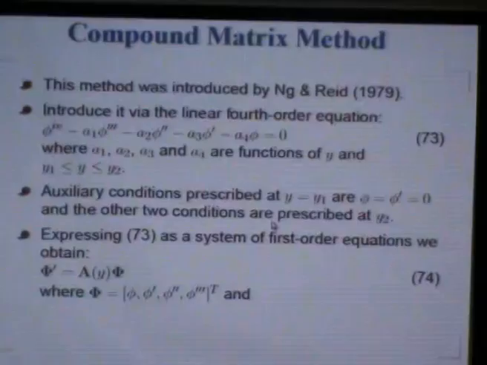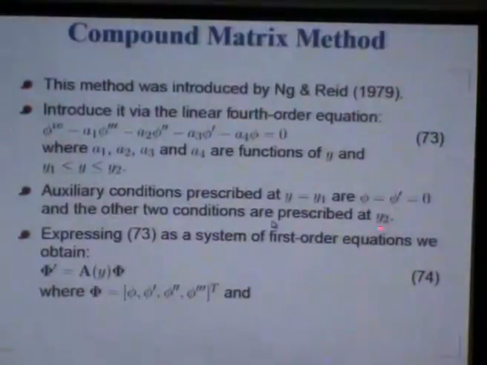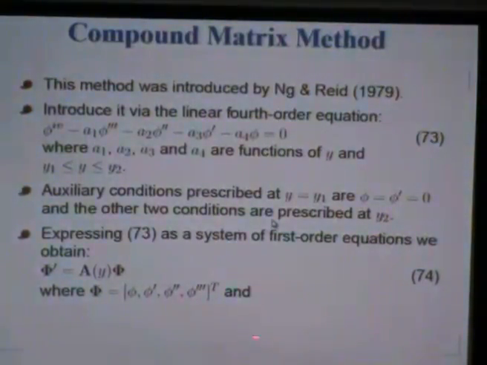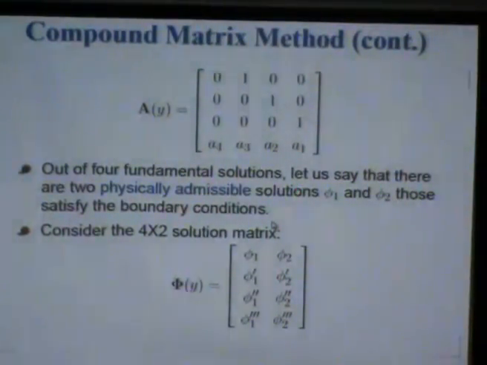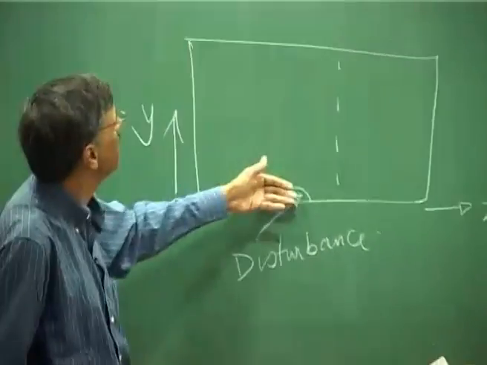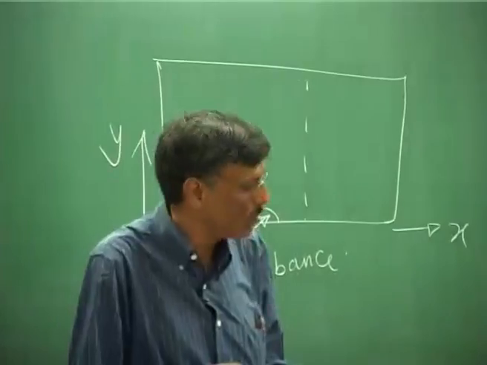The other two conditions would be prescribed as a limiting condition, and once we convert this differential equation in this form, then we will have 2 of the solutions which will be decaying with y, that we will take as admissible solutions.